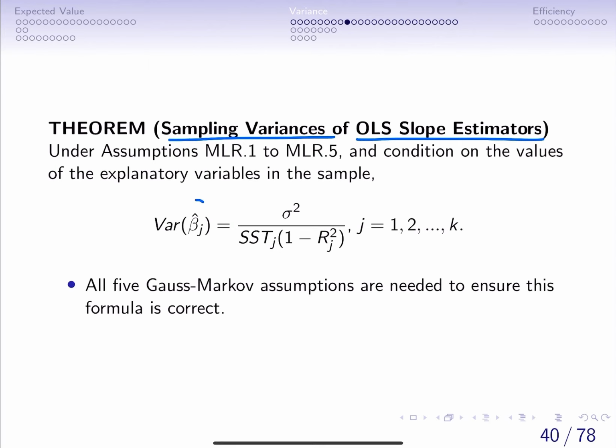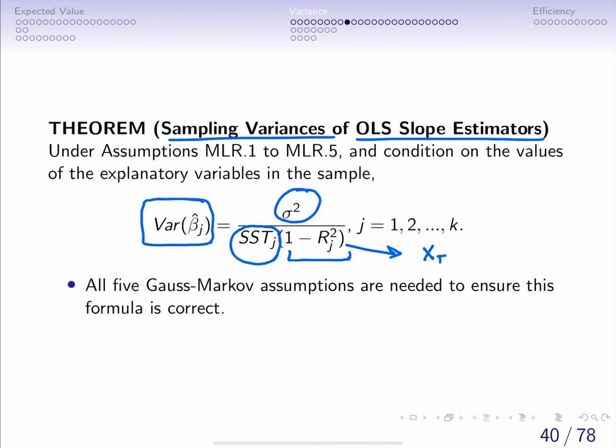The variance of beta hat j equals sigma square, the same as in the simple linear regression case, divided by the total variation in xj, and the denominator also has the term 1 minus R square j. Again, this R square is not our traditional R square. It is the R square obtained by regressing xj on other x's. This is what you want to remember.